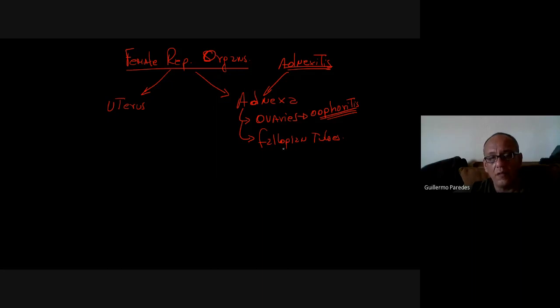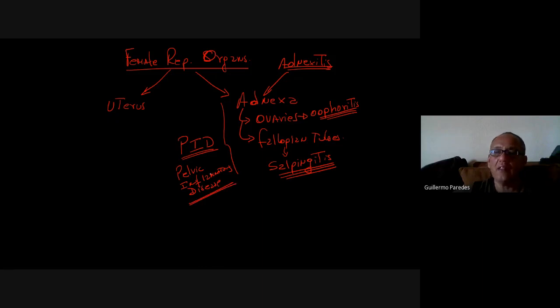The inflammation of the fallopian tubes is going to be called salpingitis. When you have an inflammation of the adnexa overall, we can call it PID. What is PID? Pelvic inflammatory disease.